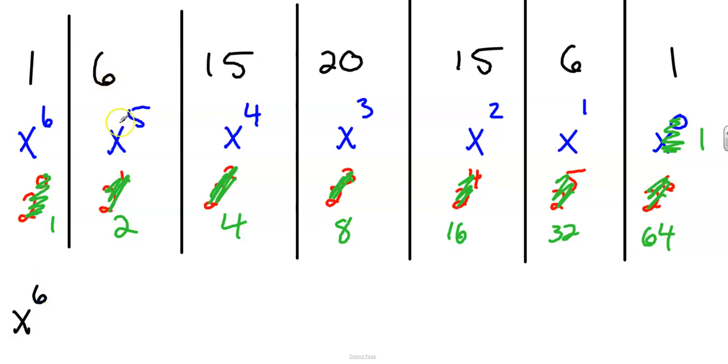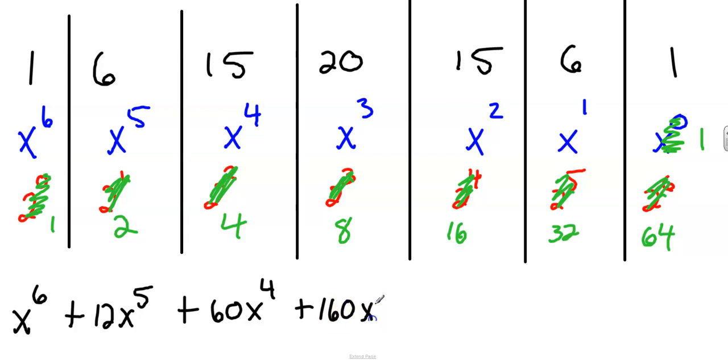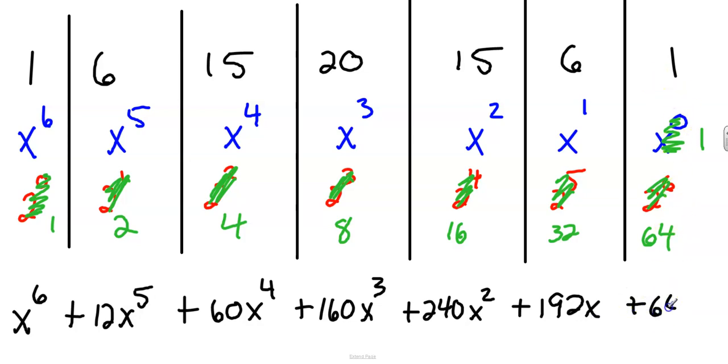The next term, you've got 6 times 2, which is 12, x to the 5th. 15 times 4 is 60, x to the 4th. 20 times 8 is 160, x to the 3rd. 15 times 16 is 240, x squared. 32 times 6 is 192, x to the 1st, or just x, and at the end 1 times 1 times 64 would make it 64.